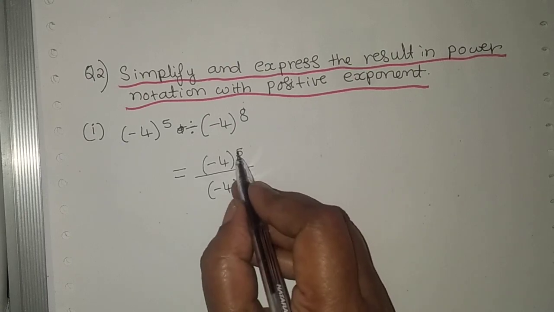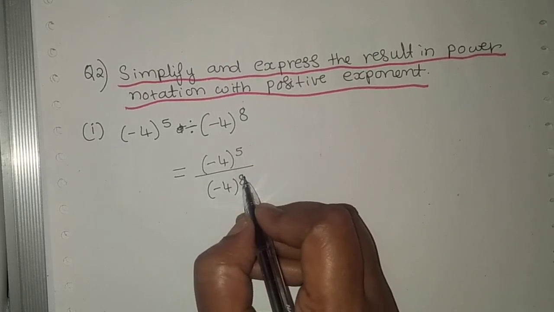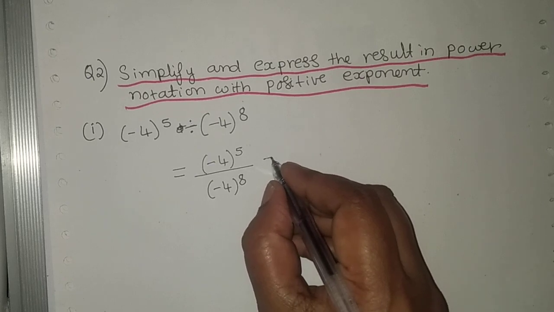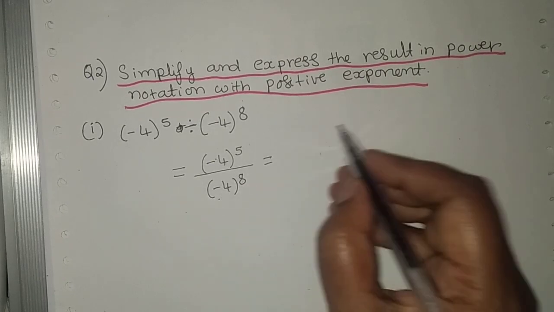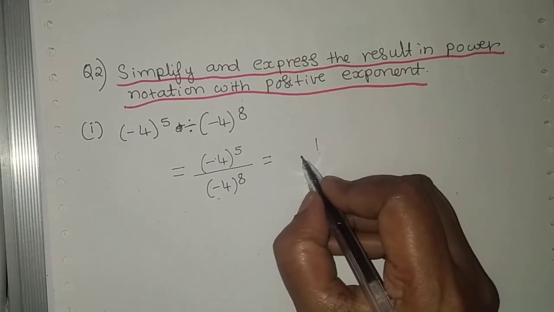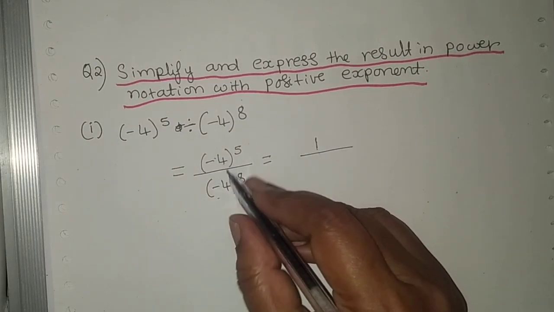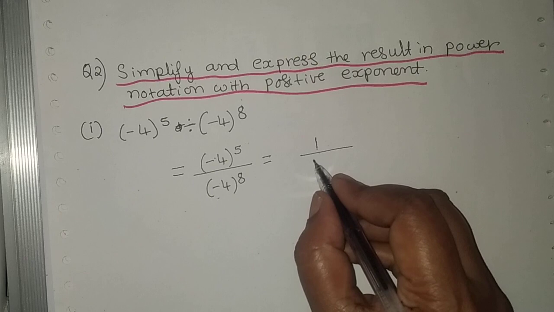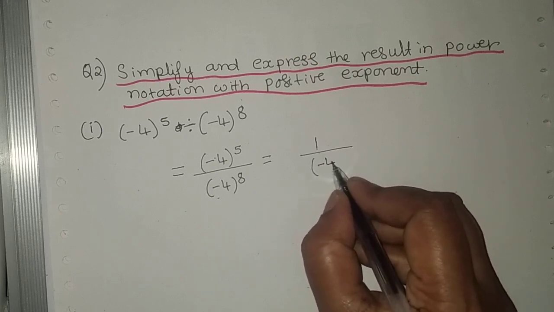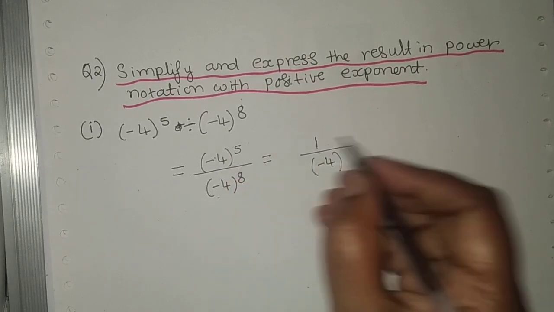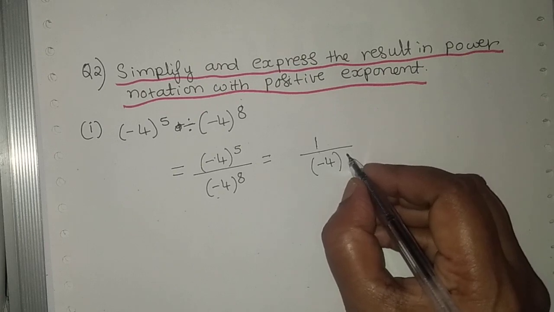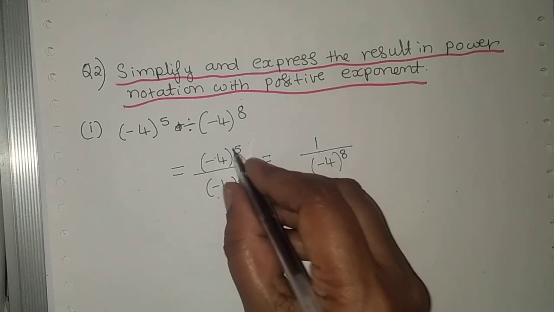This can't be cancelled since the powers are different. So now what to do, we'll bring this 4 down to the numerator. 1 by, since these things are common, so bring -4 to the denominator, then these numbers will change now, that is 8 minus 5.